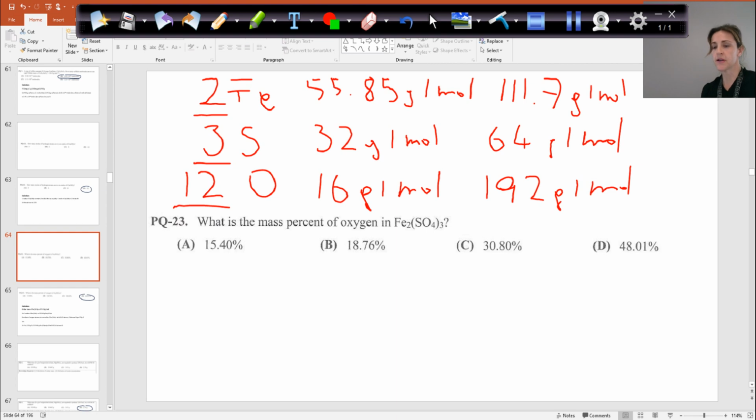So with these numbers, I can add these up. So 192 plus 64 plus 111.7. So the molar mass of 1 unit of iron 3 sulfate is 367.7 grams for each mole. Did I get the numbers right or wrong? Which slide is this?